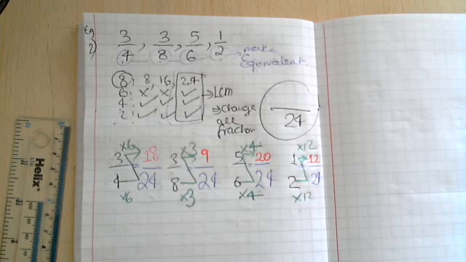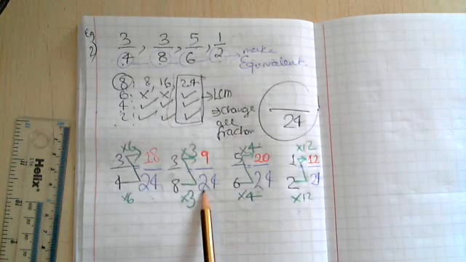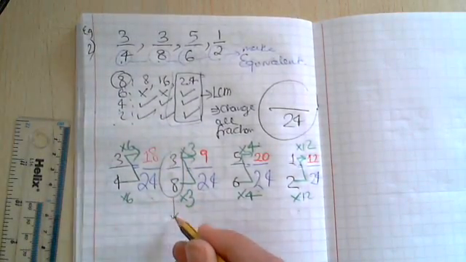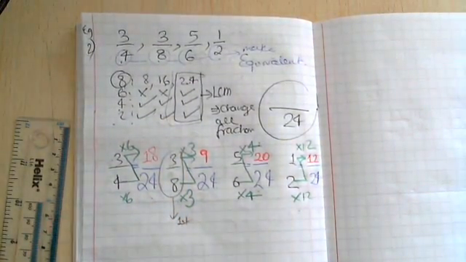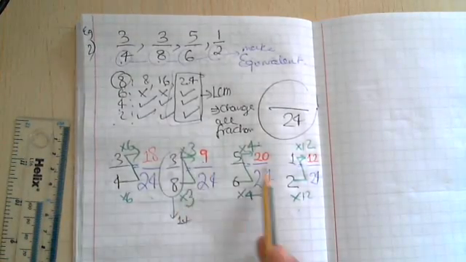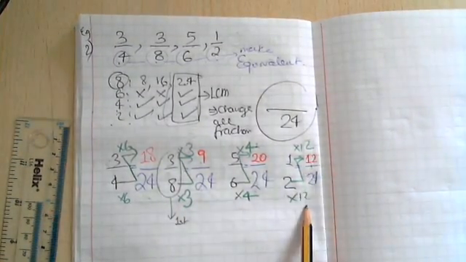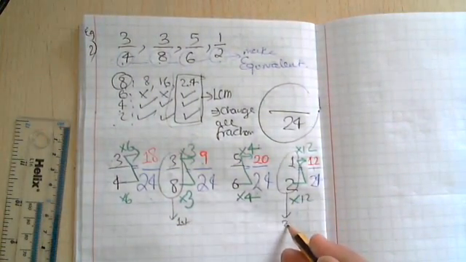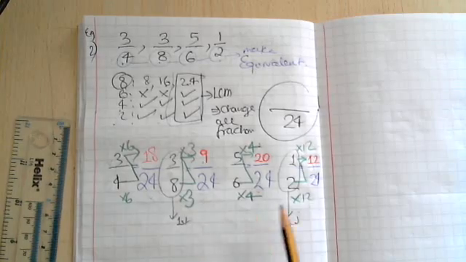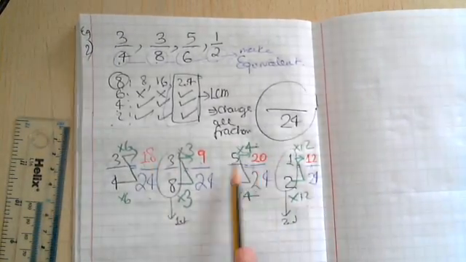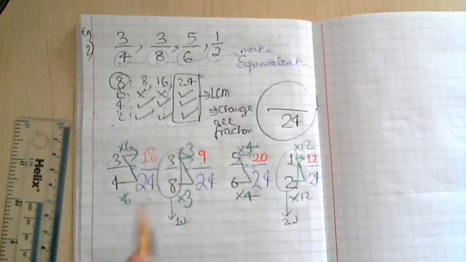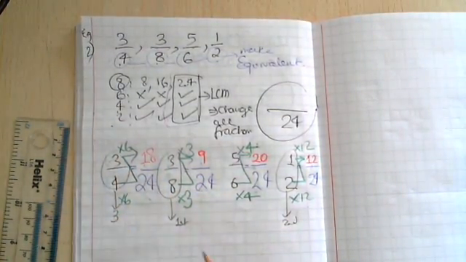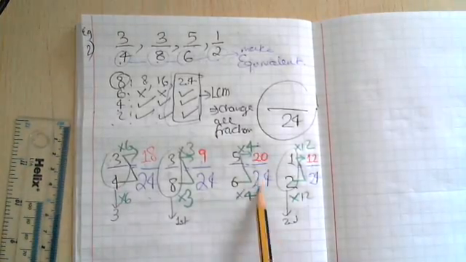The smallest number is going to be 9 over 24, which corresponds to this fraction. So this one is the first fraction. After 9 over 24, the next biggest number is 12 over 24. So that corresponds to a half. So that will be the second. Okay, after 12, the next ones we've got are 18 and 20. The next one's going to be 18, which corresponds to 3/4. And so the largest fraction has to be the 20 over 24, which is 5/6.